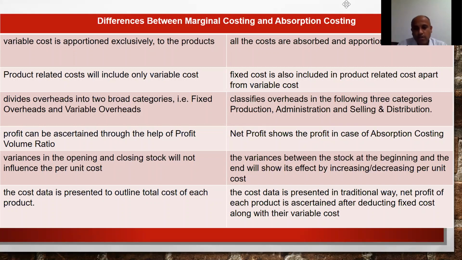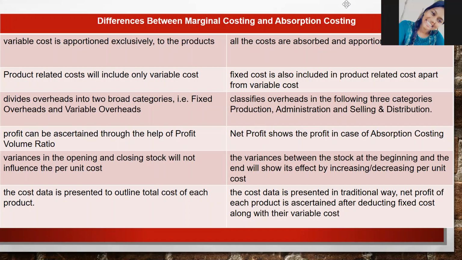Under marginal costing, which cost is the product cost and which cost is the period cost? And let me tell you, variable cost is considered for valuation of stock. Fixed cost is not considered for valuation of stock. Based on this, you tell me which cost is product cost and which cost is period cost.